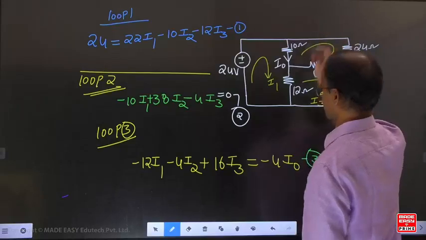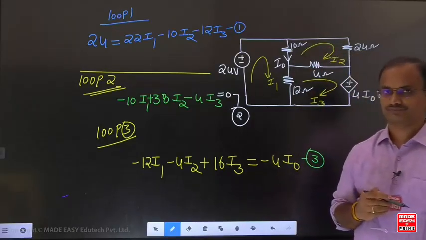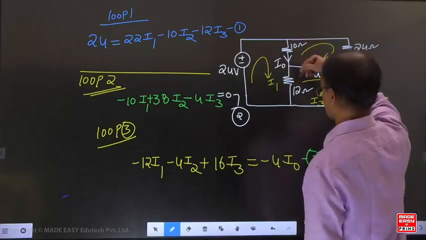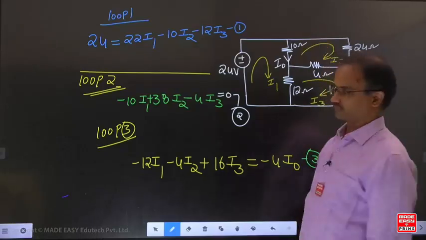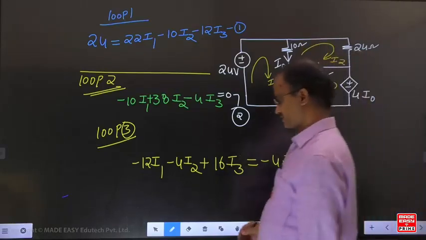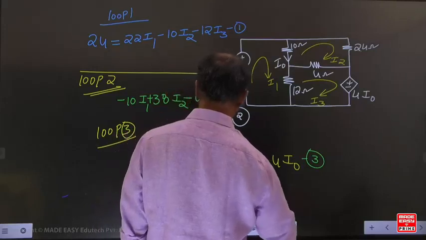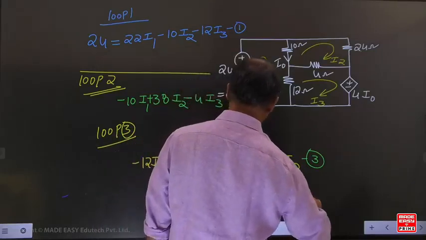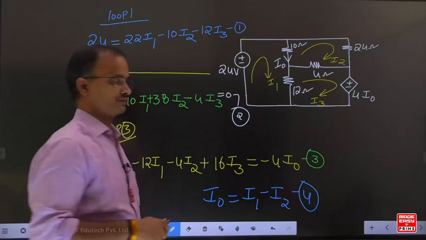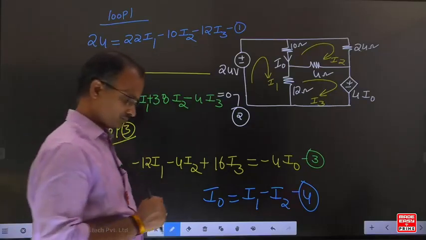I1 is downwards, I2 is upwards, I0 is downwards. कैसे लिख सकते हैं रिलेशन? I0 equals I1 minus I2. अब सॉल्व कर सकते हैं ना?